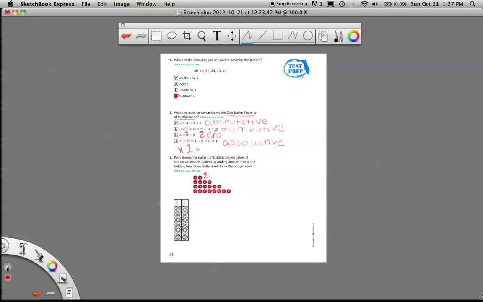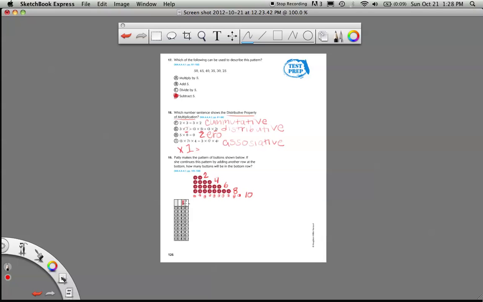Here she's got 2, 4 buttons, 6 buttons, 8 buttons. This is a pretty easy pattern to see. All she's doing is she's adding on 2 buttons to every row. So I can draw my next row, add on 2 buttons, and count them all up. Or I could just take the 8 and add on 2 more, and I get 10.